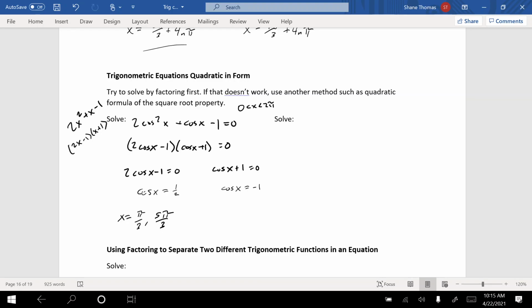Go around your unit circle. Where's cosine of x equal to -1? No. Cosine is your x value. So where's your x value, -1? I see one spot. Pi. Done.